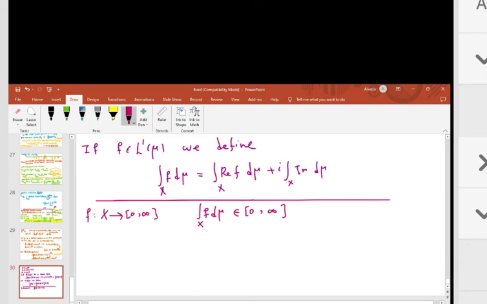Okay. In the second step, if f is a function from x to this, a real valued function. Okay.